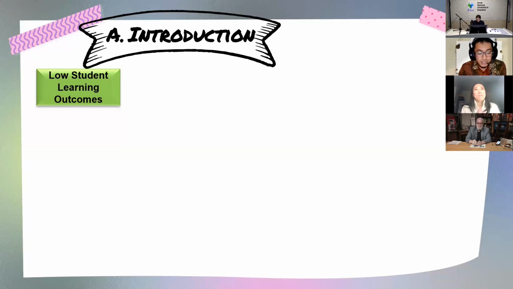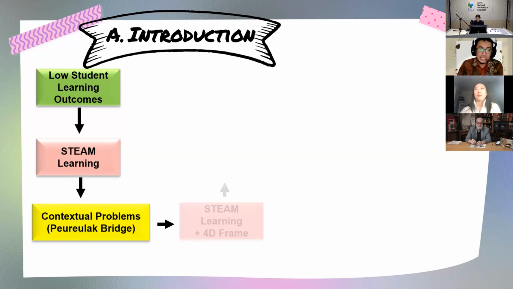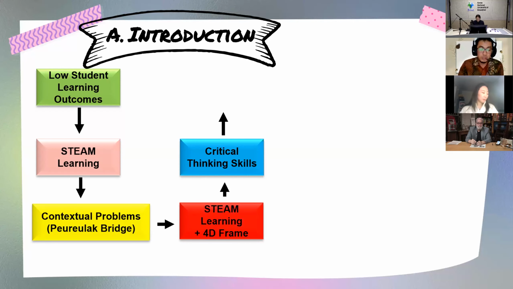The low learning outcomes of mathematics, especially in the chapter of equation and quadratic function, led me to plan to use STEM learning with a contextual problem, namely the Perla Bridge. STEM learning with the use of the 4D frame is expected to improve critical thinking skill and so improve the student learning outcomes.